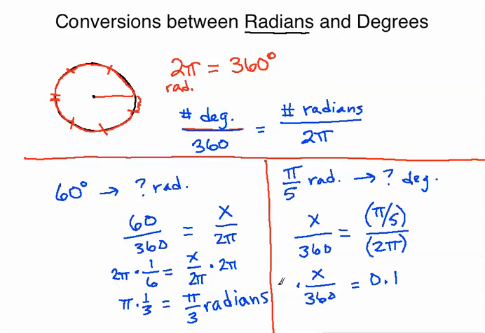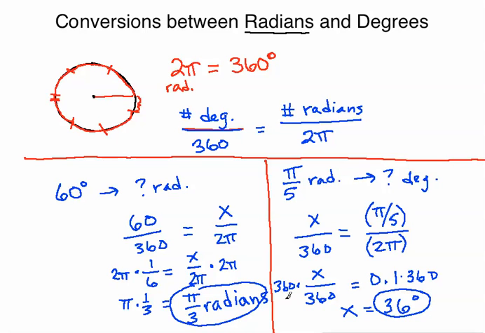Then to solve for x, we would multiply by 360. And you find out that there are exactly 36 degrees in pi over 5 radians. Radians are generally given to you with pi as part of your calculation.